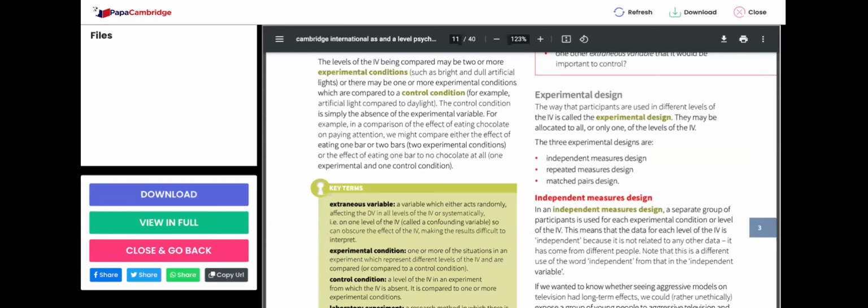So using the same people for each of your conditions is your repeated measures design, as the name suggests, that you are repeating the people. And similarly, as the name suggests, the first one is independent, which means that they are not connected to one another. So in your independent measures design, you are taking different people for different experimental conditions, and for your repeated measures design, you're using the same people for all experimental conditions. Clear till here?